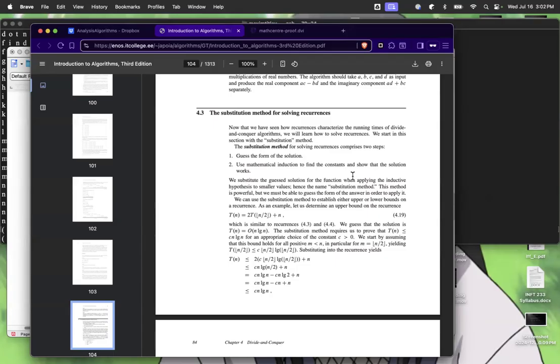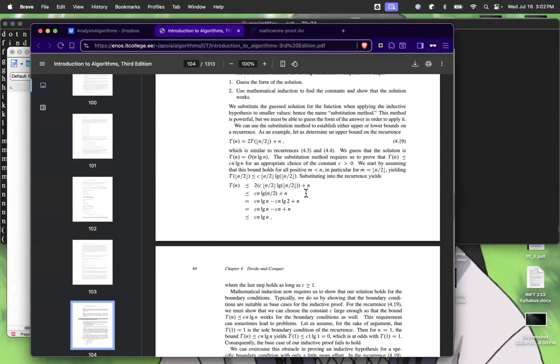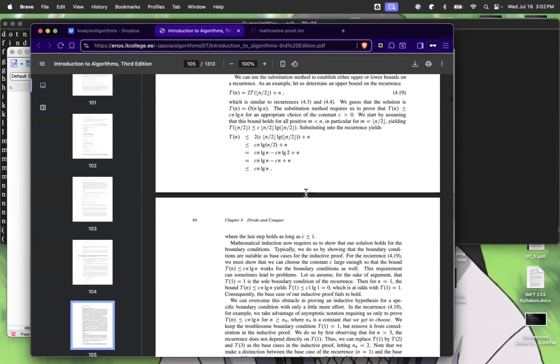So we substitute the guessed solution for the function when applying the inductive hypothesis to smaller values, hence the name substitution method. This method is powerful, but we must be able to guess the form of the answer in order to apply it. We can use the substitution method to establish either upper or lower bounds on a recurrence.